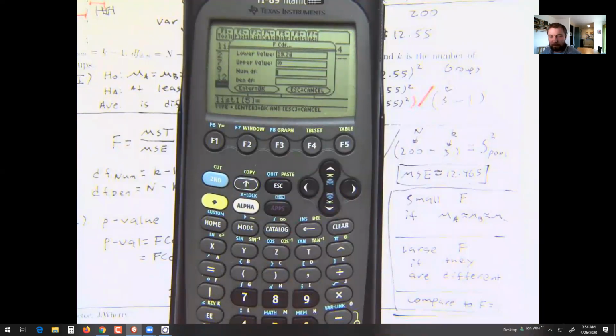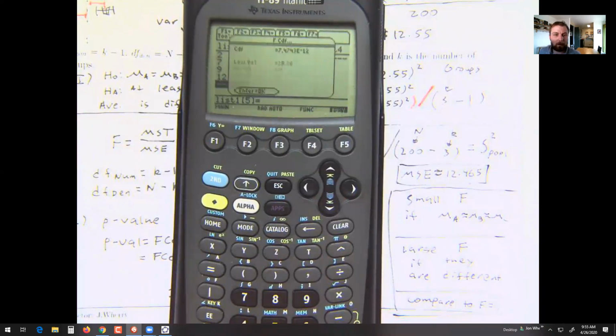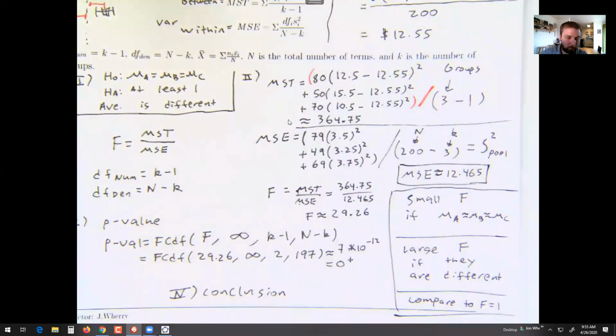Upper is infinity. My first degree of freedom was 2, that's k minus 1. My second one was 197. That's the total number of terms minus the total number of groups. And this gives me, as before, 7 times 10 to the negative 12. It's giving me this 0 plus p-value.